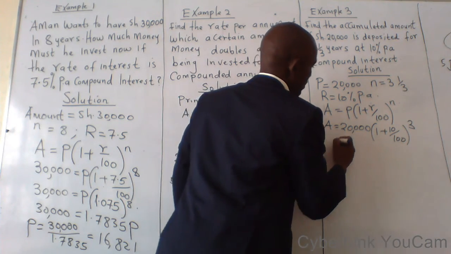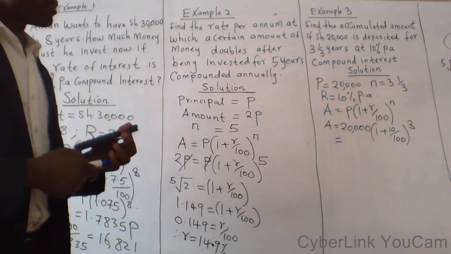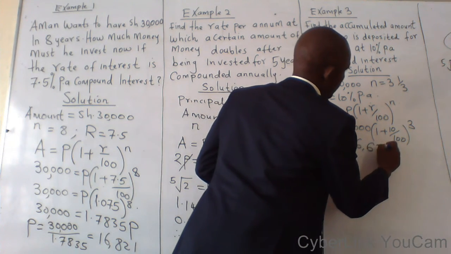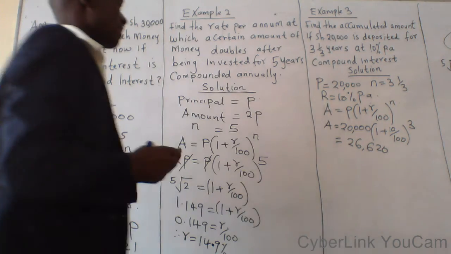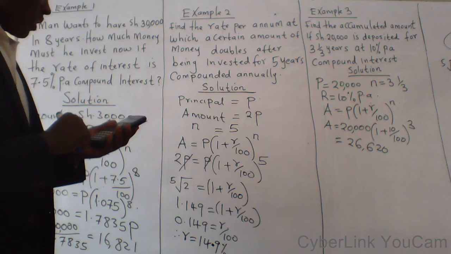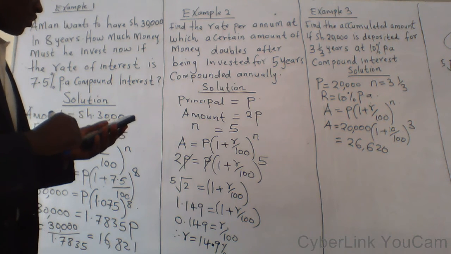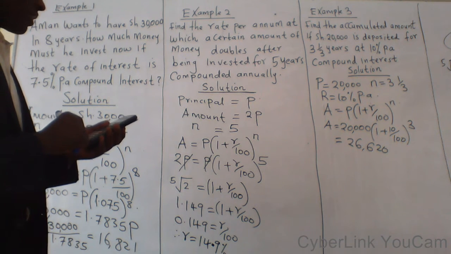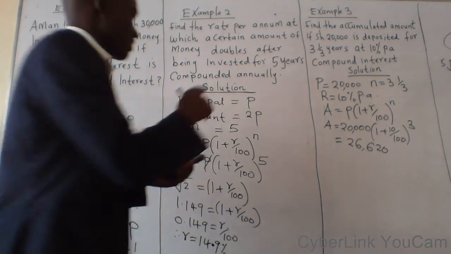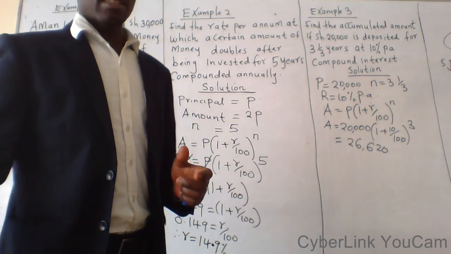If you deal with this using your calculator, you will get 1.1 raised to 3, which gives you 1.331 times 20,000, which gives you 26,620. That is the amount of money after 3 years.